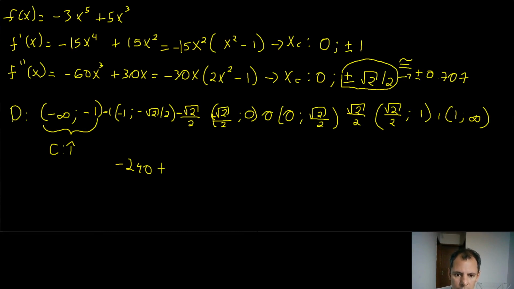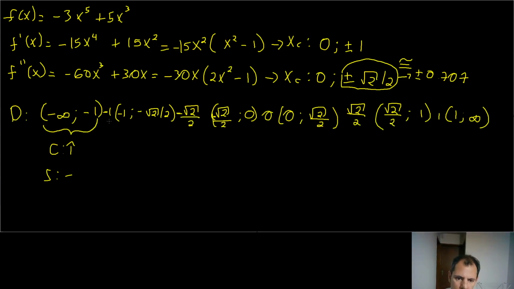Then you have a plus 15 in here, but it's times 4, so it's plus 60. So this is going to be negative. The slope is negative. So you have a negative slope with a concavity up. So it's like that.